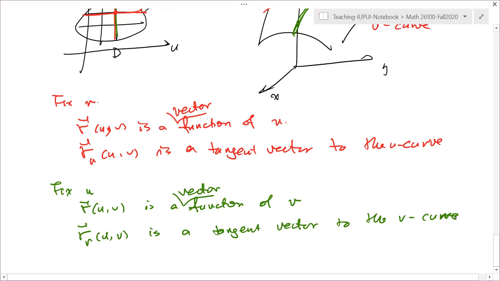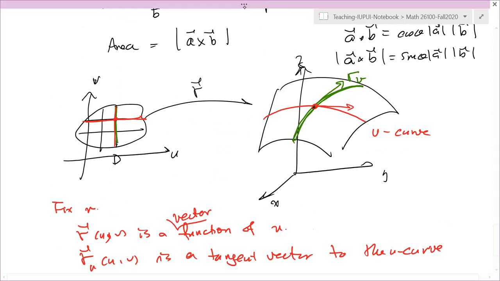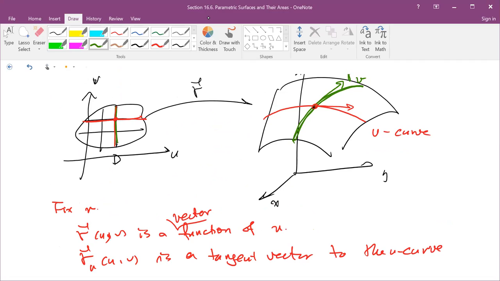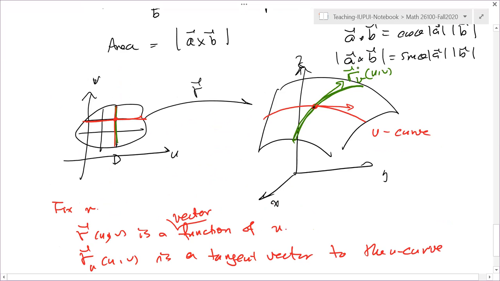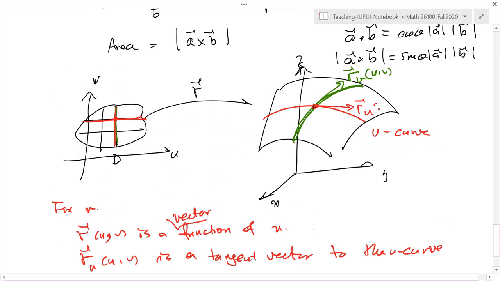Okay. So let's go back to the picture. So you will get a tangent vector. This is r_v, okay, this is r_v, right? The point. And this will be r_u(u,v). Okay.